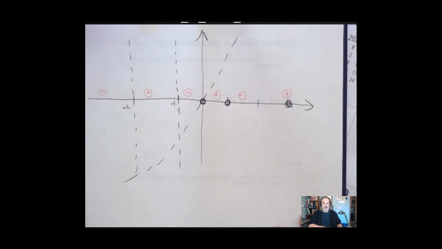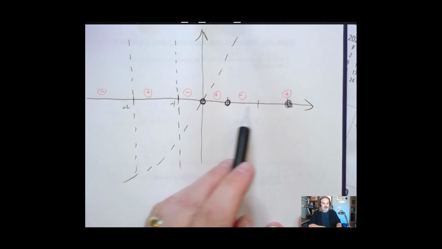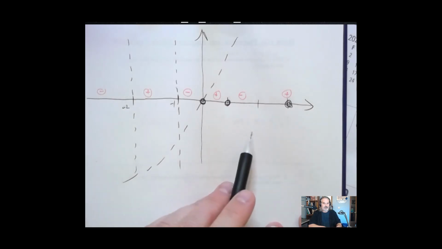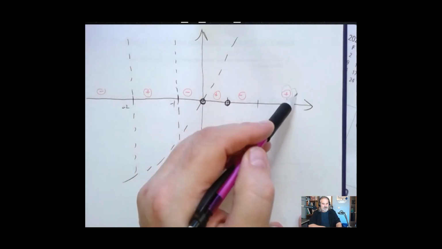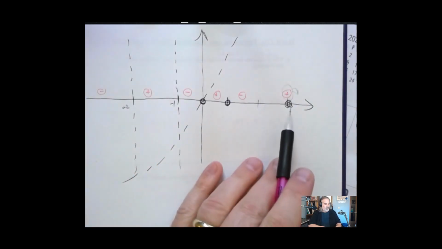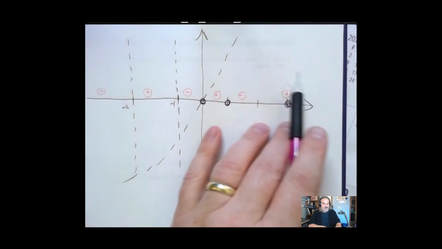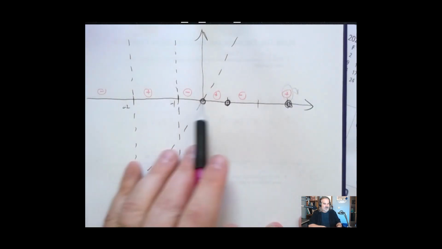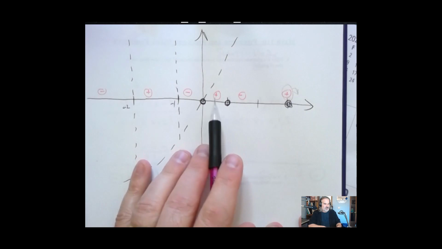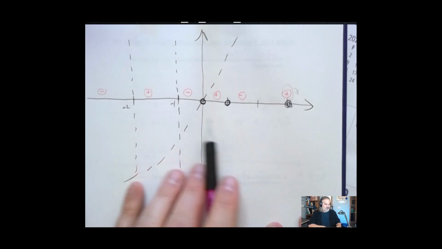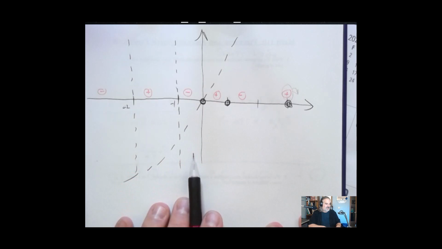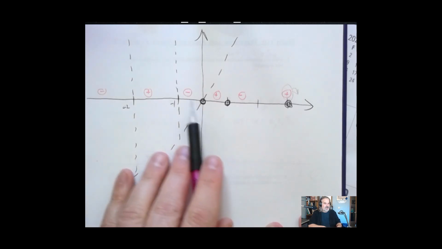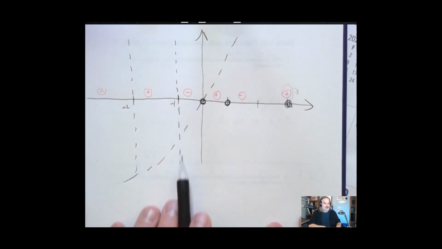So, can we figure this out? In this zone out here, we need a graph that's positive in this zone, negative in this zone, positive in this zone, but then negative back here. And by the time we get to this zone, we have to be obeying this vertical asymptote.